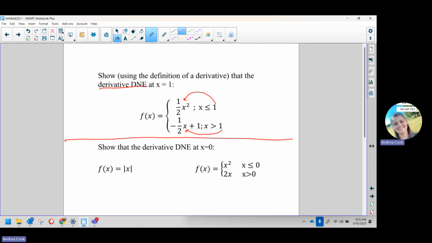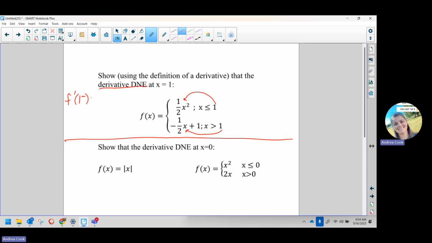Okay, so how do I find the derivative at 1? We have to find the derivative of both sides because it splits at one. So let's look at which one's on the top. I'm going to approach one from the left and find the derivative, using the alternate form.